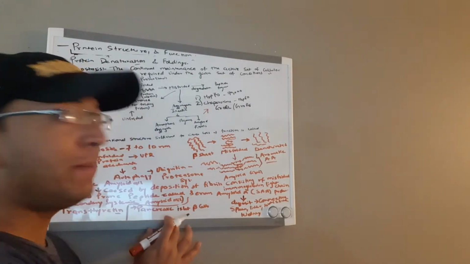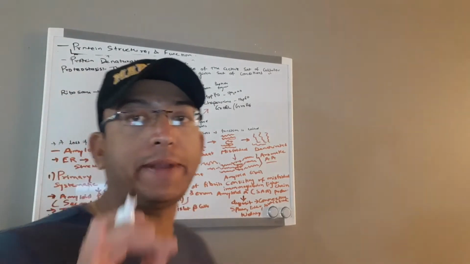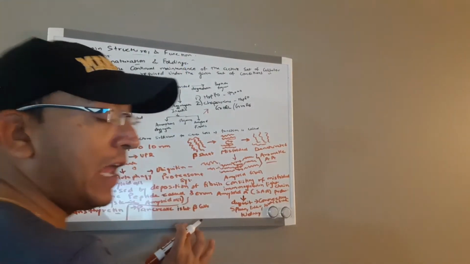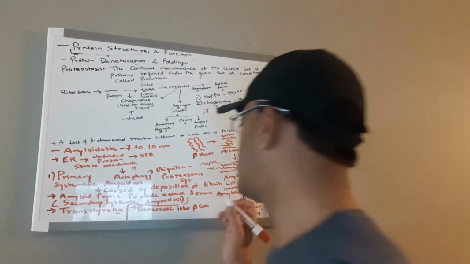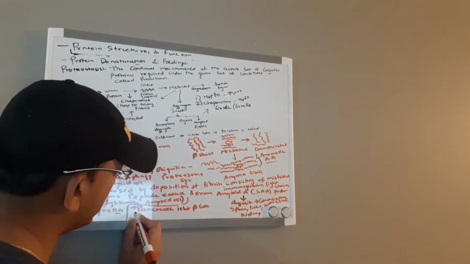The secretion by beta cells of a small peptide. So this beta cell will start secreting a small peptide that has just 37 amino acids.